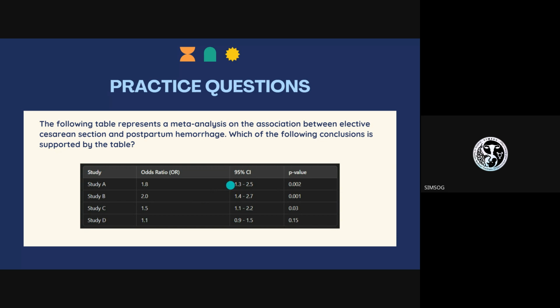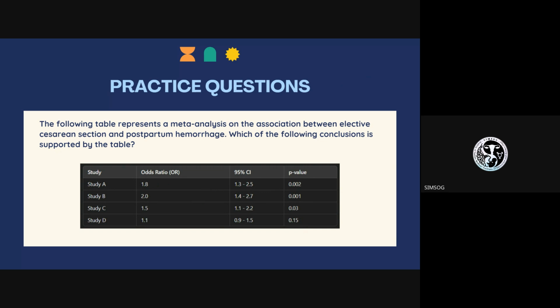In such a case where they don't give you p-values but give you confidence intervals, that also is enough at times. And the odds ratio is 1.8, so it is an increased risk in elective C-section. What about study B?